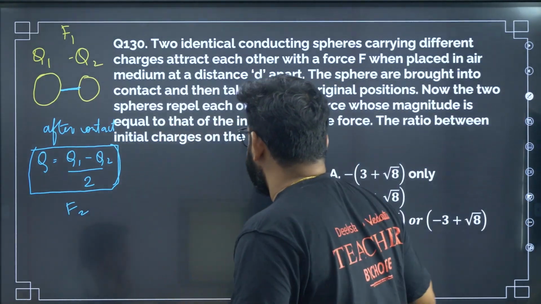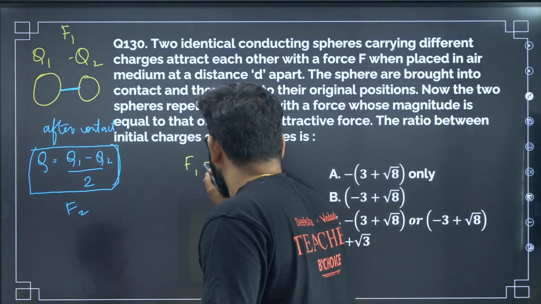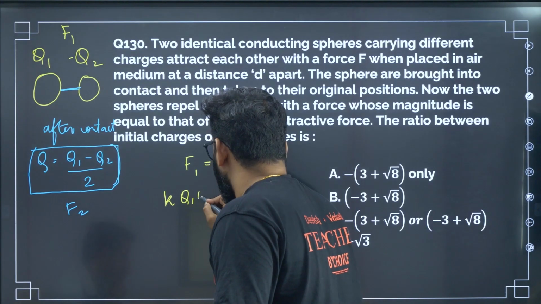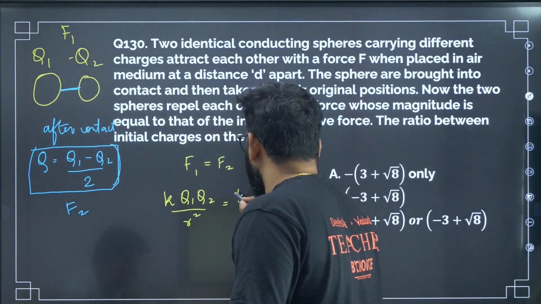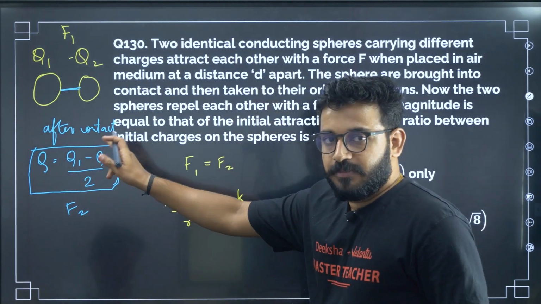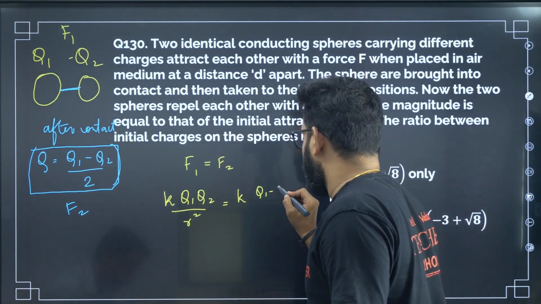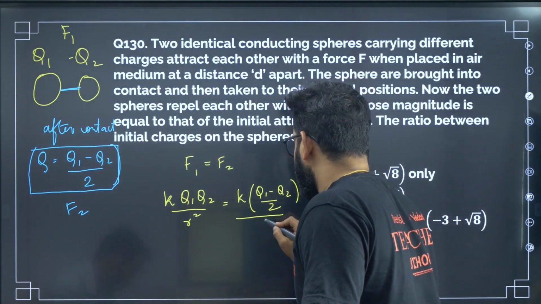So now both of them are same. F1 equals F2. That means that applying the formula, K Q1 Q2 divided by R square is equal to K, now the same charge multiplied 2 times, so Q square, which is nothing but Q1 plus Q2 by 2 the whole square divided by R square.